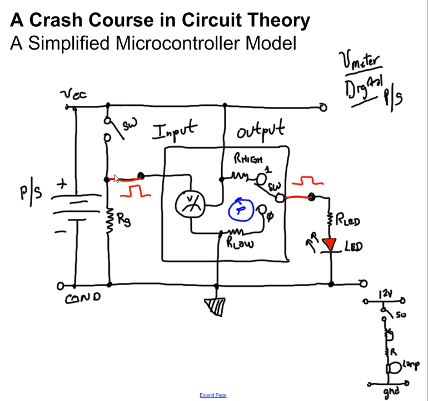Also, we have to be very careful about what we connect to our input, because if our input has too much loading, then it will draw too much current from the microcontroller when it's in the open position, and too much current will flow out.